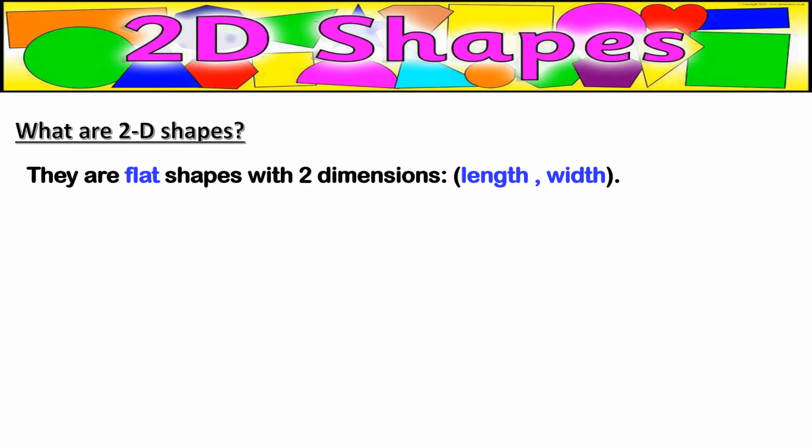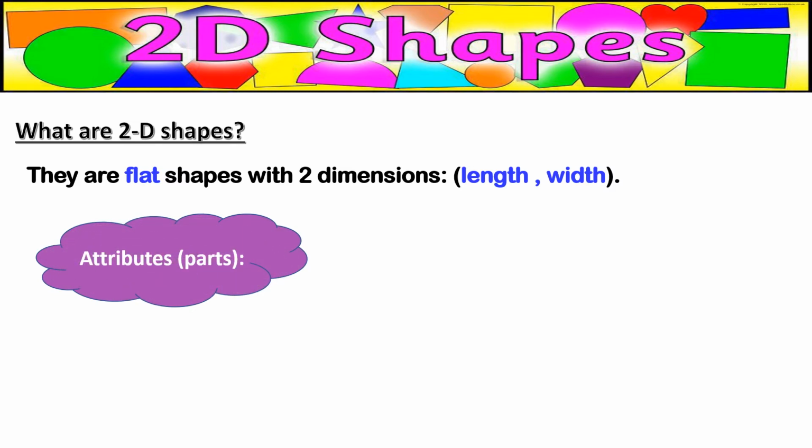So they are flat shapes with 2 dimensions. 2D, 2 dimensions, which are length and width. We have some attributes, it means some parts of 2D shapes.